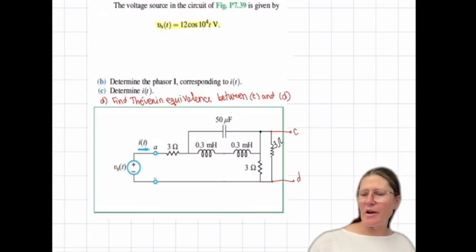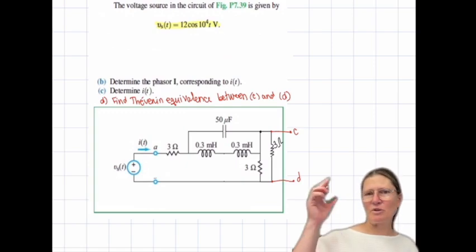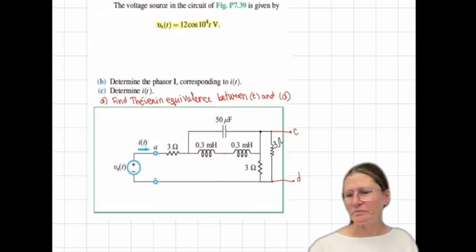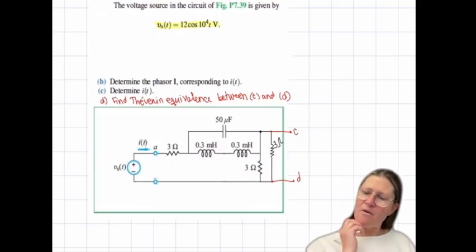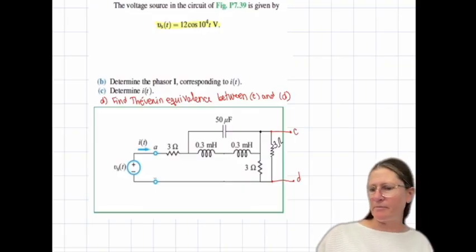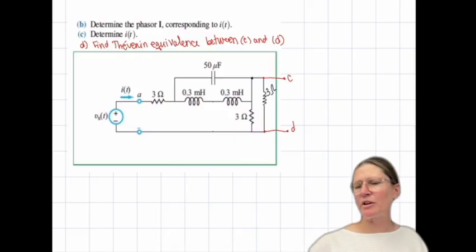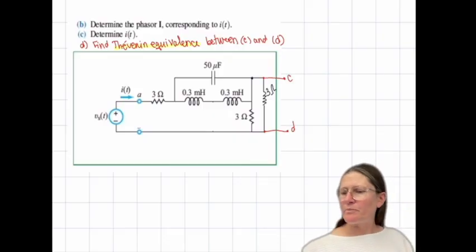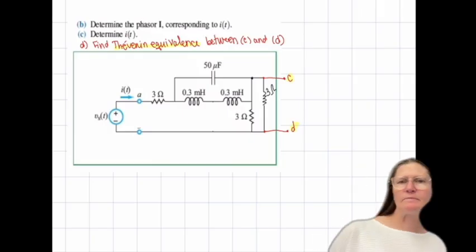So let's just find the Thevenin equivalent between C and D. And then from there, we'll find I of t. Okay, so find the Thevenin equivalent first, between this C and D node.